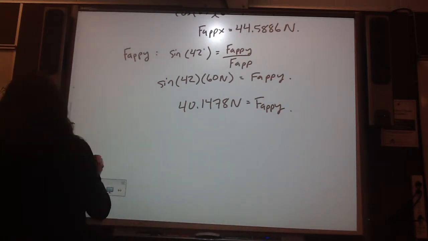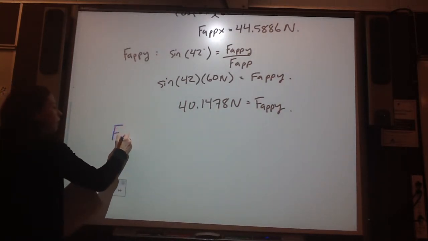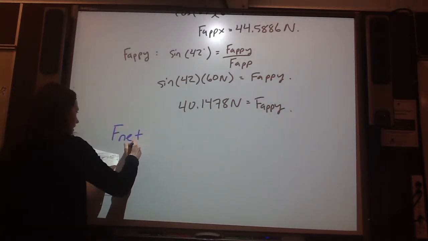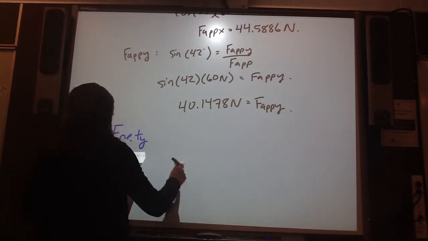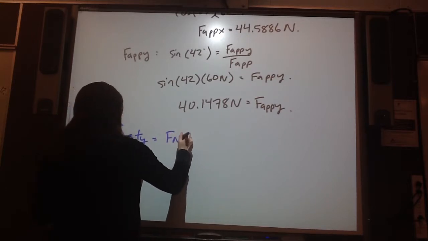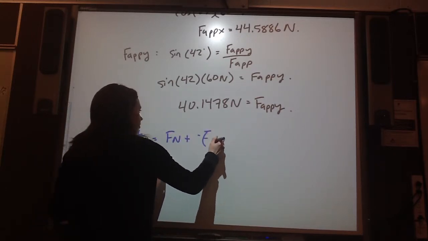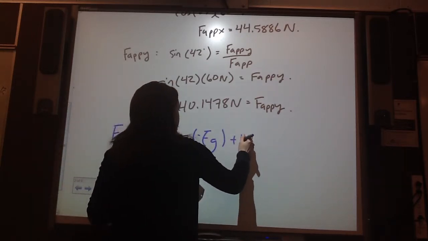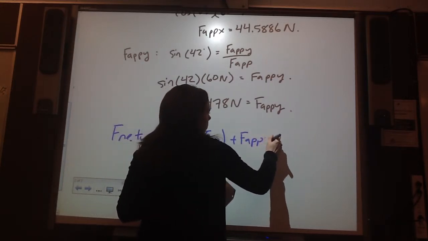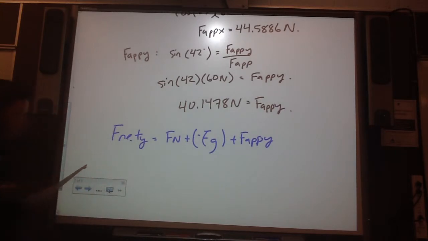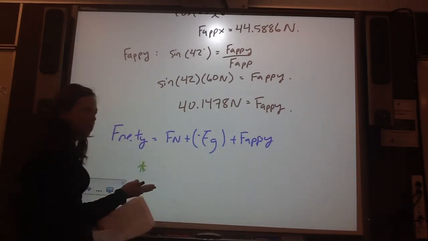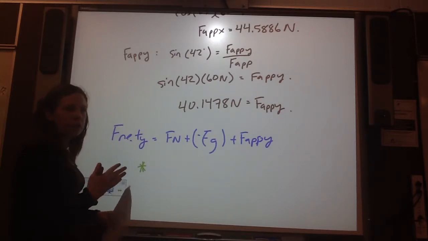It would be. Okay, so now what I was talking about before, our F net y is equal to Fn plus our negative Fg plus F_app y. So let's just make a note to ourselves here about why we're doing this, just so that if you look back you can see.